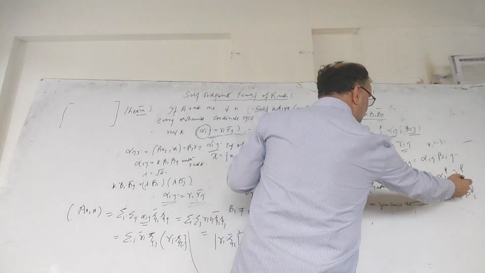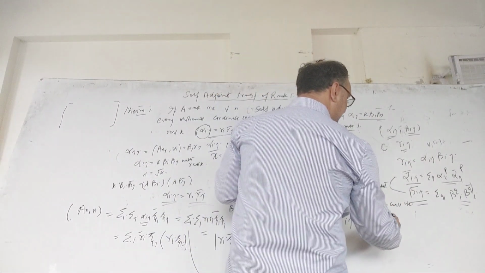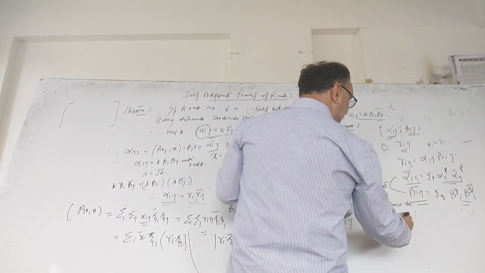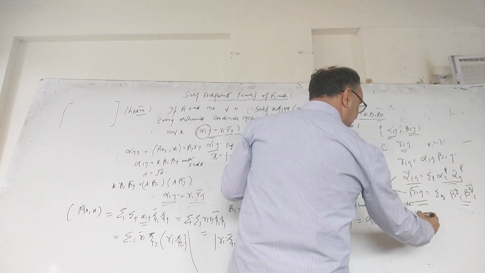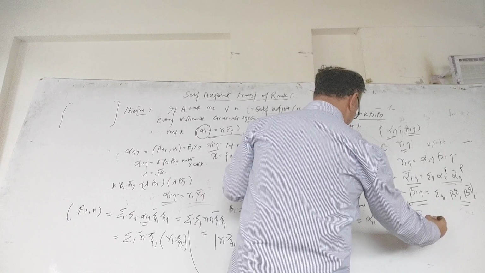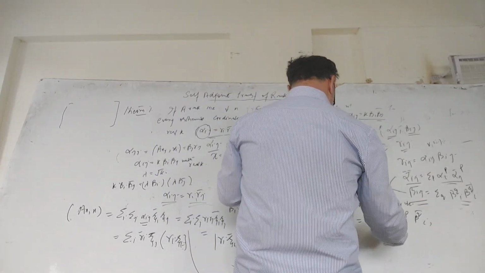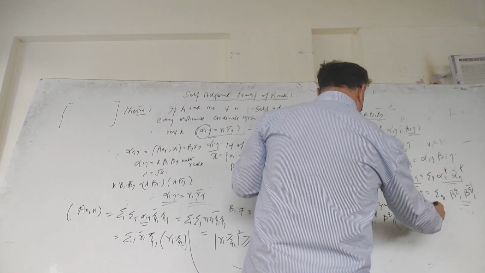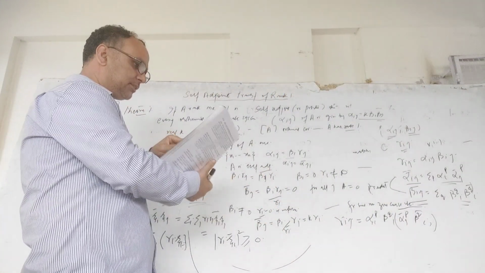If you write these two products, it will be alpha ip beta qi alpha jp bar beta qj bar. So this is the complex conjugate of it, and I have written it in this form.